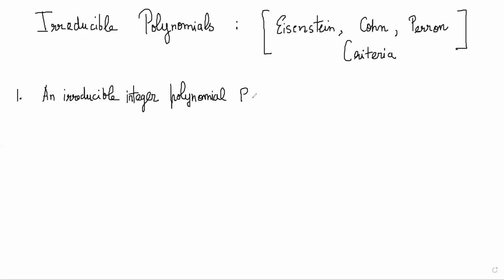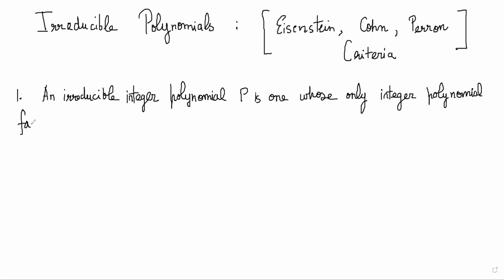A polynomial P is one whose only integer polynomial factors are plus minus 1 and plus minus P.